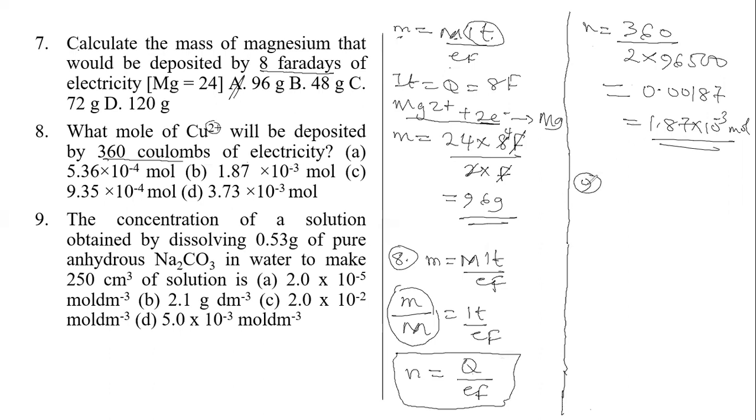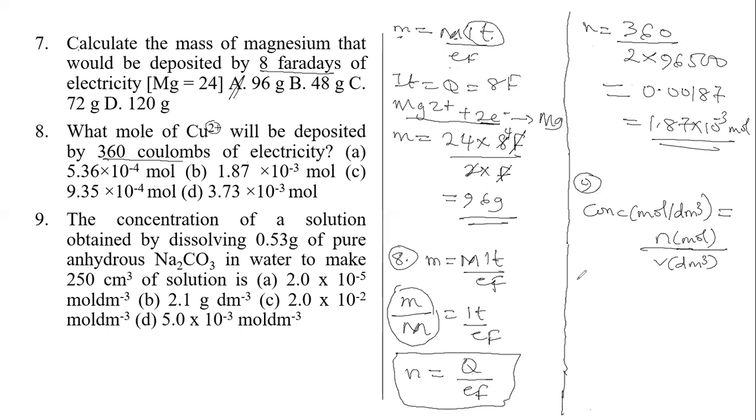Question number 9 says that the concentration of a solution obtained by dissolving 0.53 grams of pure anhydrous sodium carbonate in water to make 250 cm cube of solution is what? Now you know that to calculate concentration in mole per dm cube, it is mole over volume in dm cube.